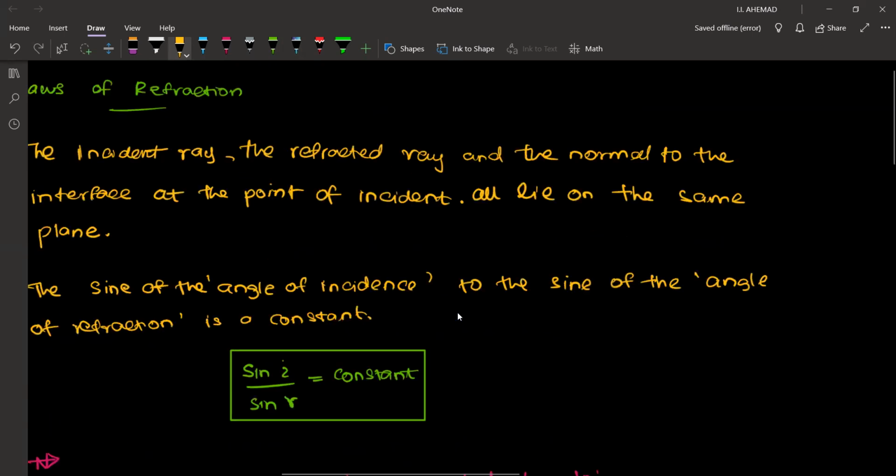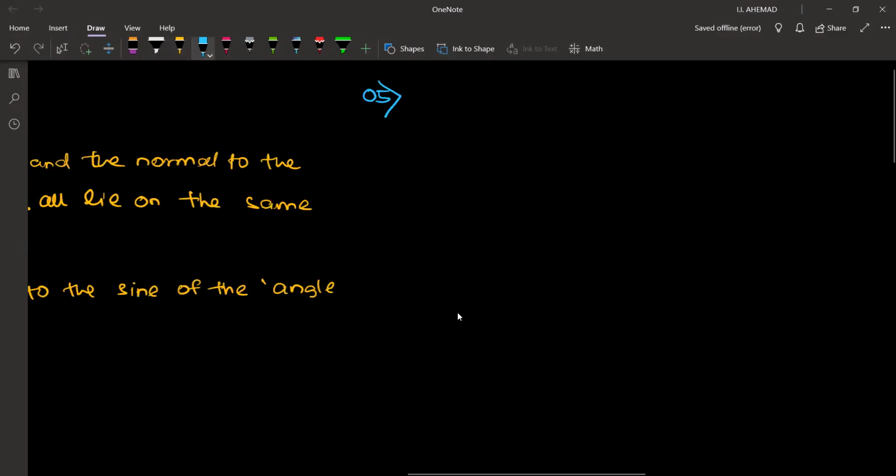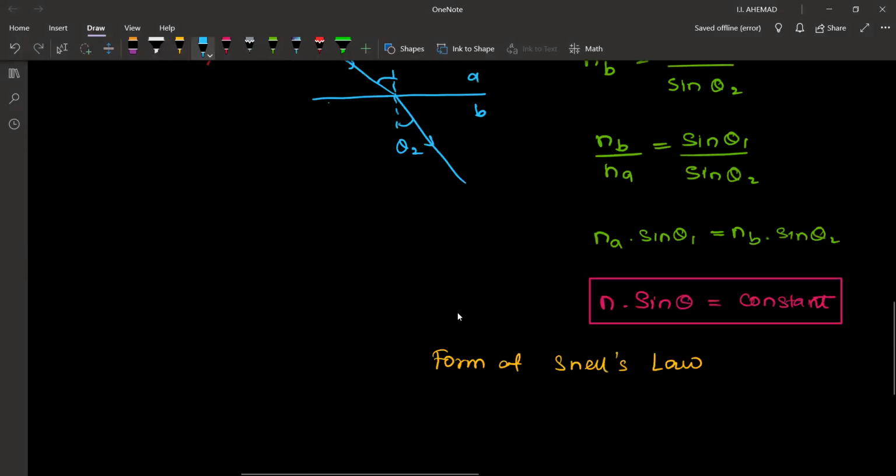As we discussed earlier, why does light refract? Light refracts because in different mediums, we have different speeds. So the refractive index should also be able to be represented in terms of velocities, right?